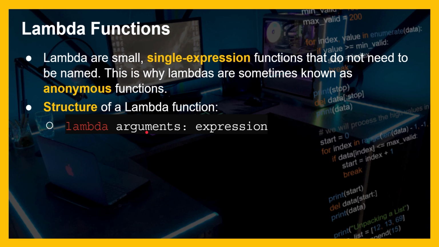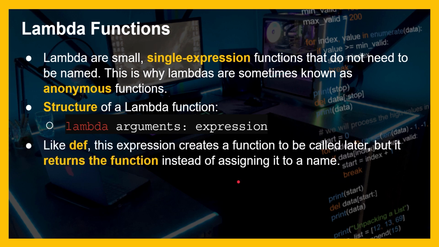These can be 0, meaning no arguments at all, or more. So you can send 1, 2, 3, 10, whatever you need. And then you have the expression, which is a single expression which is executed and its value is returned by the function. Like the def, this expression creates a function to be called later, but it returns the function instead of assigning it to a name.